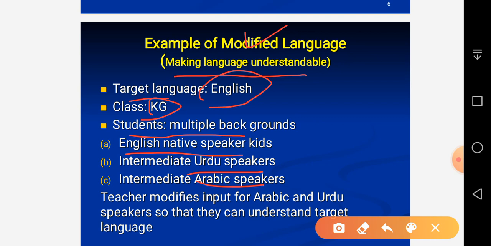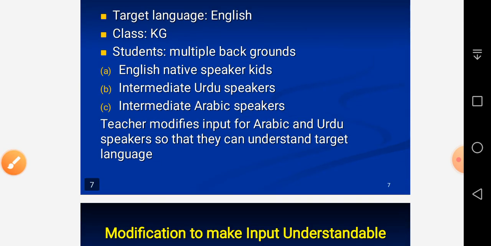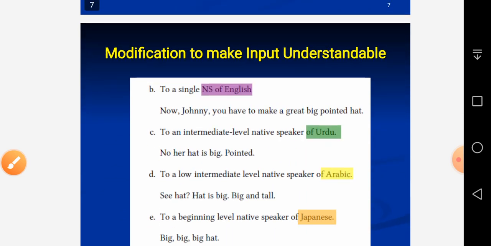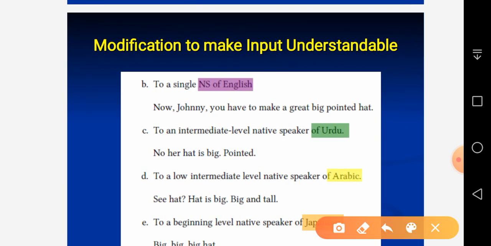Now the teacher is teaching them some language, and she is going to modify the language for these speakers, particularly Urdu, Arabic and Japanese speakers. The teacher modifies input for them so that they can understand the target language. Now see the example. She says to a native speaker of English, "Now Johnny, you have to make a great big pointed hat."